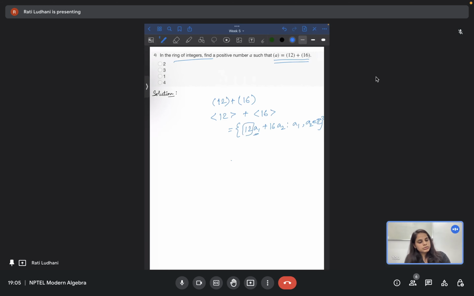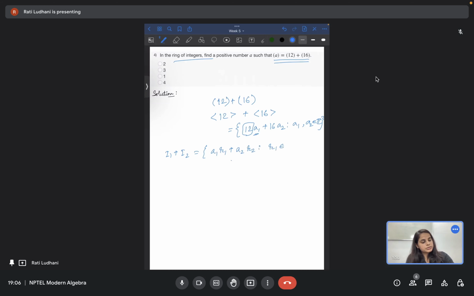From I1 plus I2, you take all the linear combinations. Notations are very bad here, I can write it better.